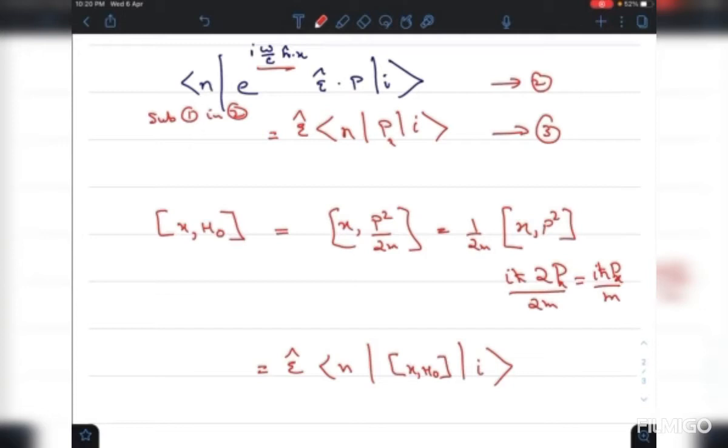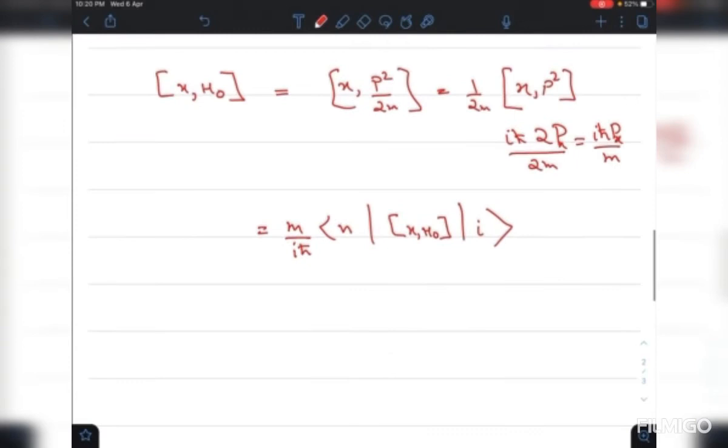Here it is only p, but here we have x H0. So m by i h cross, okay, that should be included. So I can write here, instead of this, m by i h cross. Okay. Also again, what is H0 acting on i? H0 acting on n is equal to the energy eigenket.